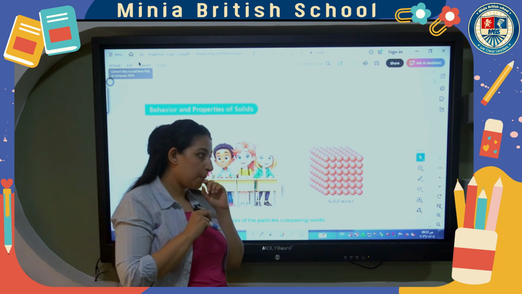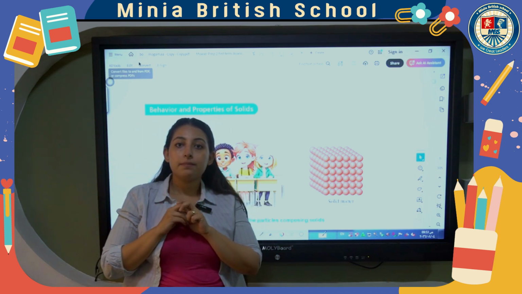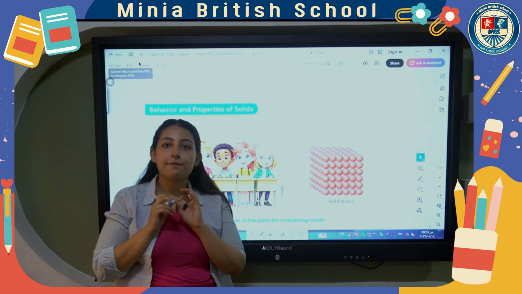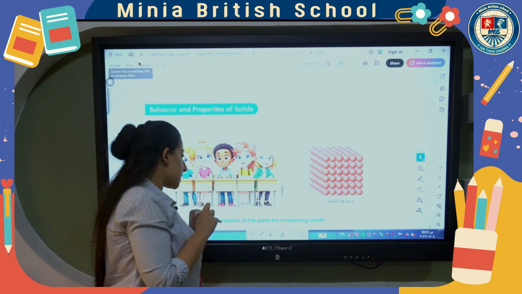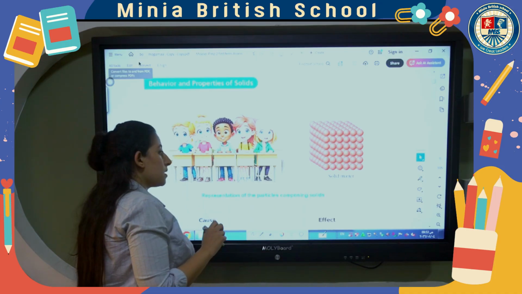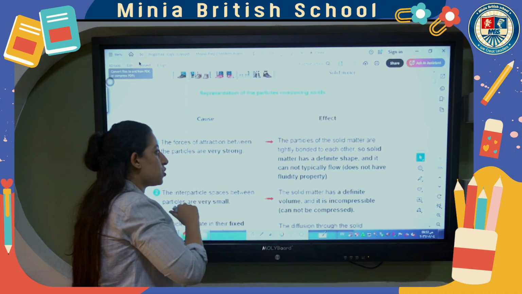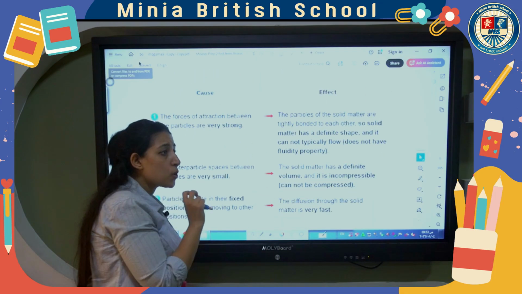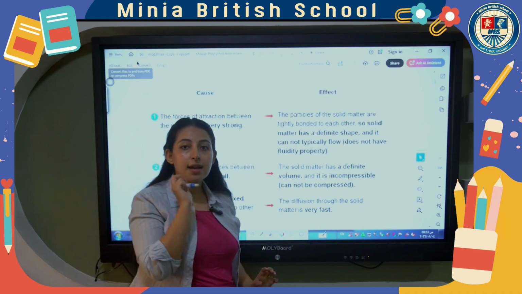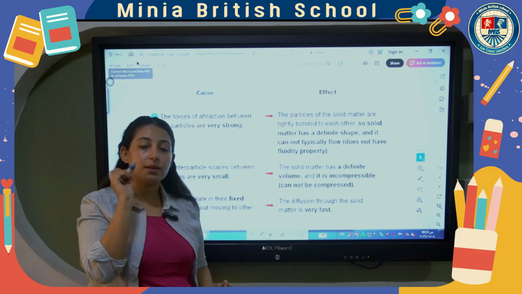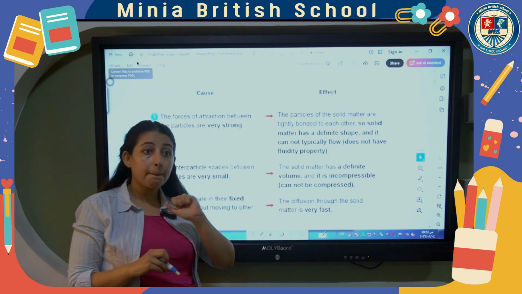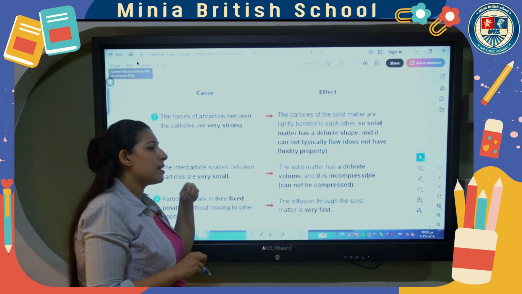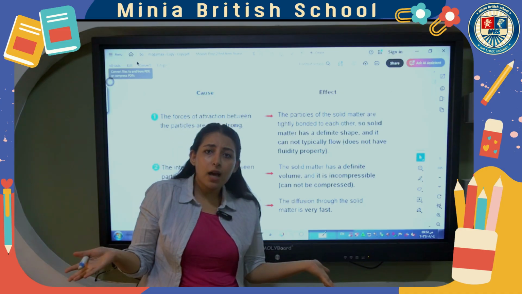But today also, I'll ask you some give reason questions. You have to answer correctly about each of them. First, when I talk about solid matter, we want to conclude some theory that is very important. To conclude this theory, you have to answer these give reason questions. First, give reason: solids are not fluids.